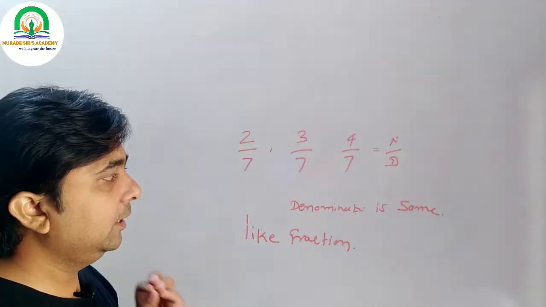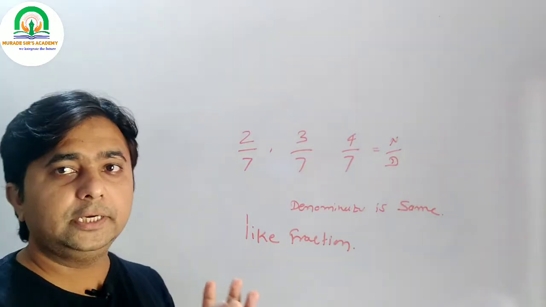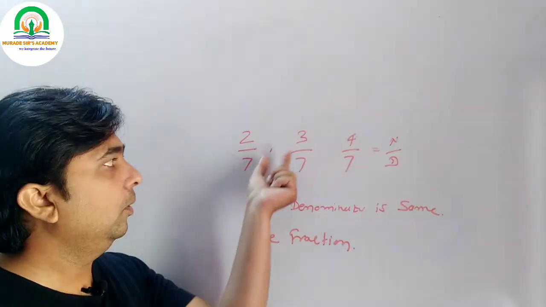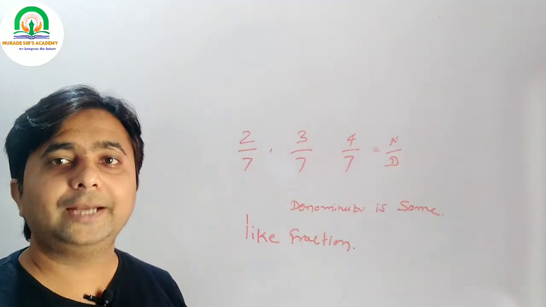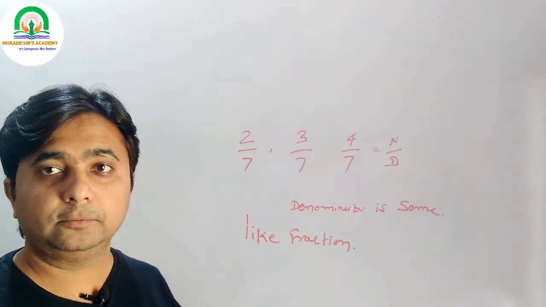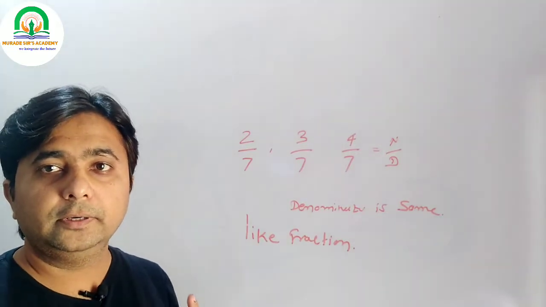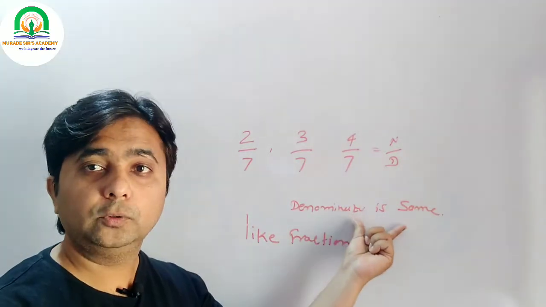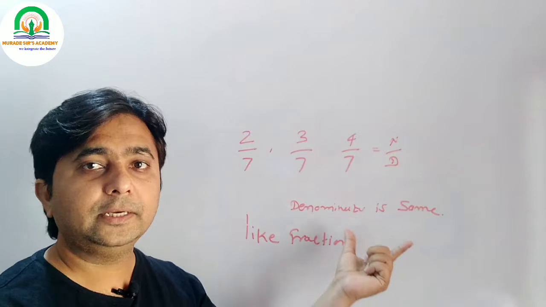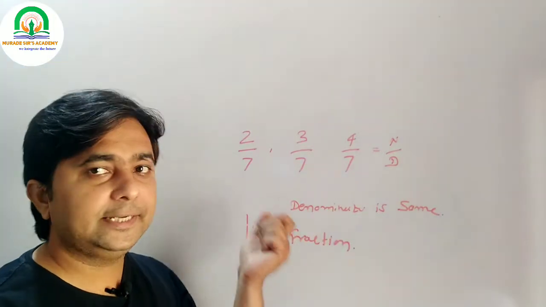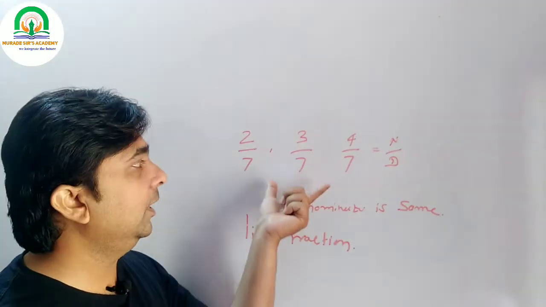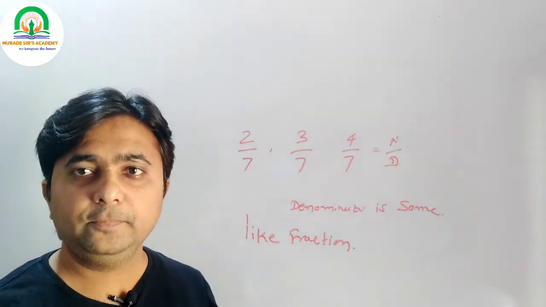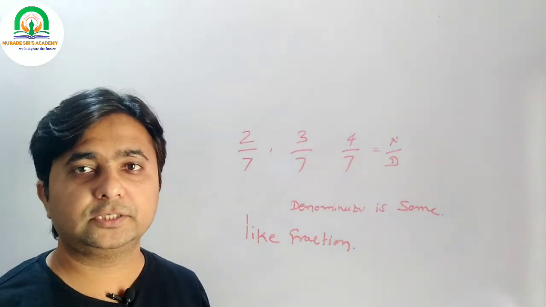If the denominators are the same, it means I took the same seventh part from the numbers above. Like is decided from the denominator value. Okay, understand? Like fractions are decided by the denominator value. If the denominator value is the same, then they are called like fractions.